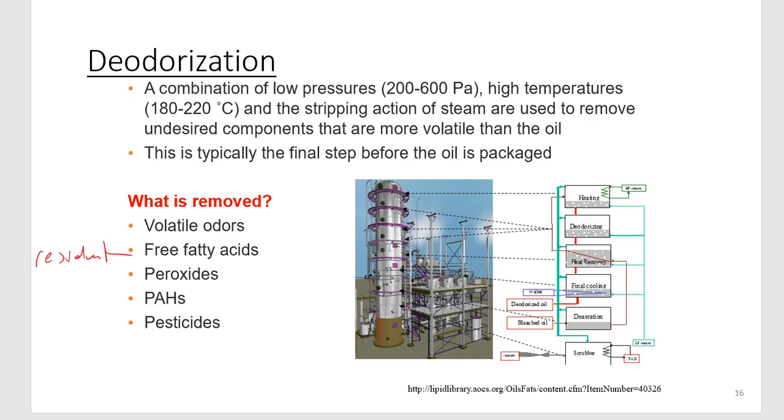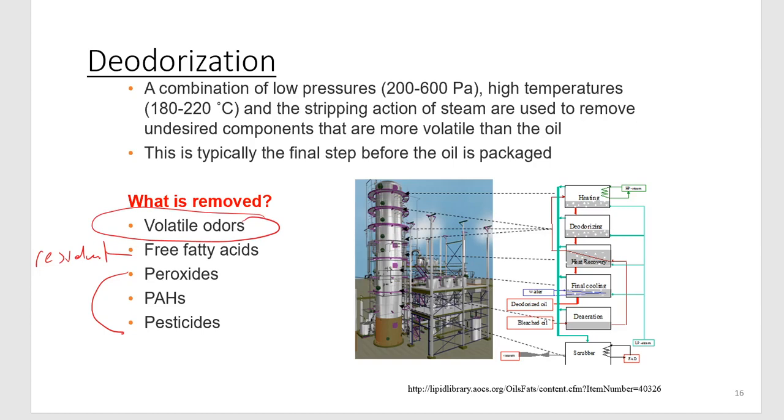Also, there are some harmful compounds like peroxide, polycyclic aromatic hydrocarbons, and pesticides. They are toxic and carcinogenic, so they can also be removed with the deodorization step. But volatile odors are the main impurity removed during deodorization.